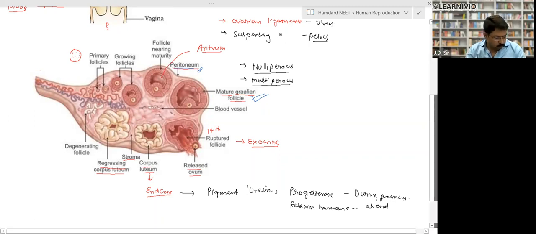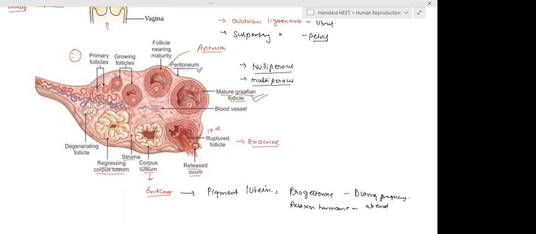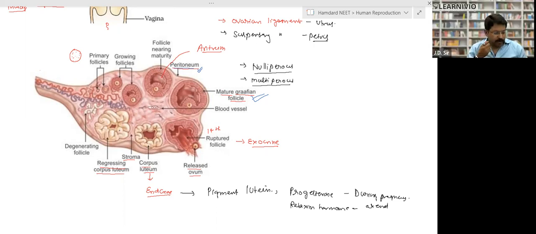Okay, so please note down. The ovaries are composed of solid connective tissue, stroma. Full stop.